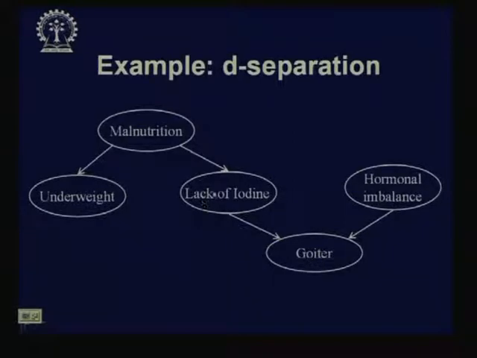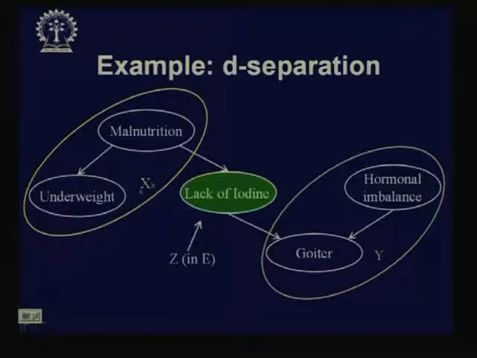Now, you see this node is very critical because this node d-separates this node and this node. You see why? Suppose I know that there is lack of iodine, then in order to reason whether he has got goiter or not, it is sufficient for me to look into whether hormonal imbalance is there.